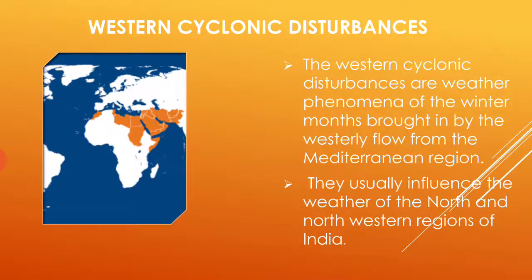So, western disturbances. During the time of winter in India, cyclone formation takes place in the Mediterranean Sea, whose winds are very powerful. Then, after crossing Pakistan and Afghanistan, they finally reach Jammu and Kashmir, leading to rainfall in winter there.